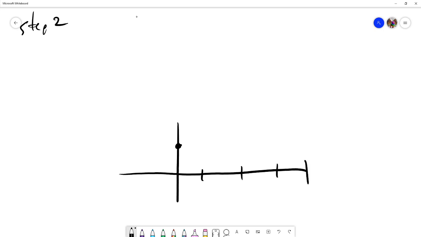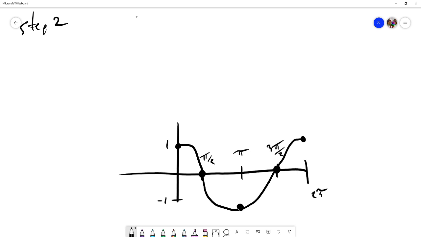Cosine goes like this. You start here. So this would be pi over 2, pi, 3 pi over 2, and 2 pi. So we go down, and then we go up, and we end where we started. Alright, so there's 1, negative 1.